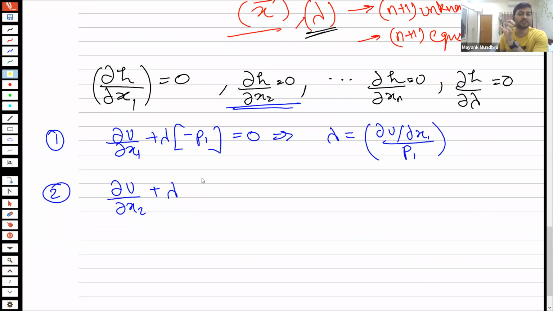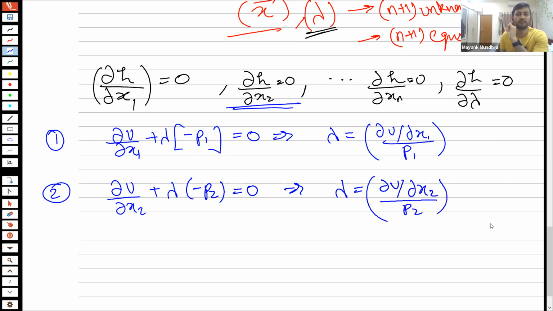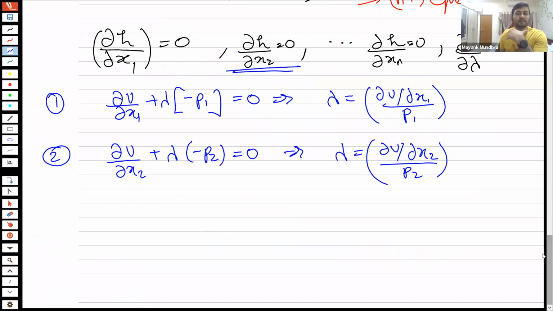So this becomes plus lambda times minus p2, which gives me lambda equals del u by del x2 by p2. And similarly, you can get multiple equations. I'm not going to go into that. I'm going to focus on these two equations.